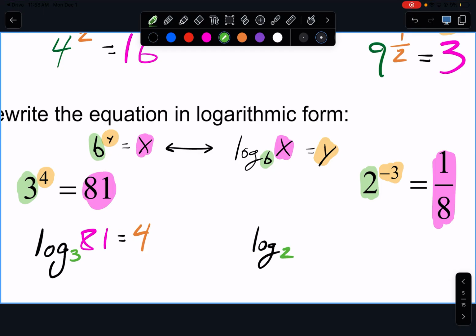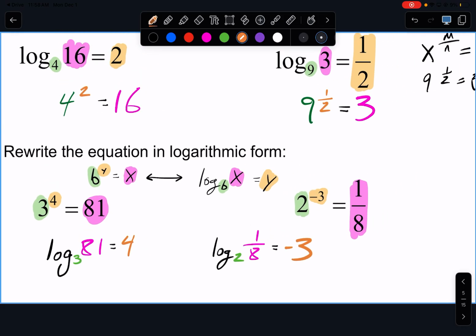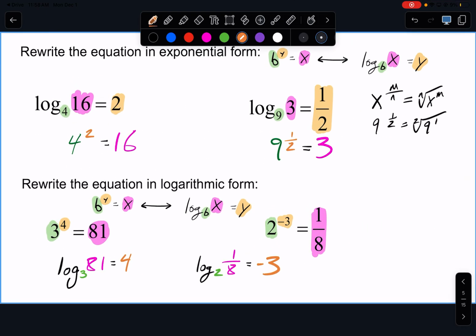My base is going to be 2, log base 2 of what? 1/8 equals -3. Any questions on this slide here?